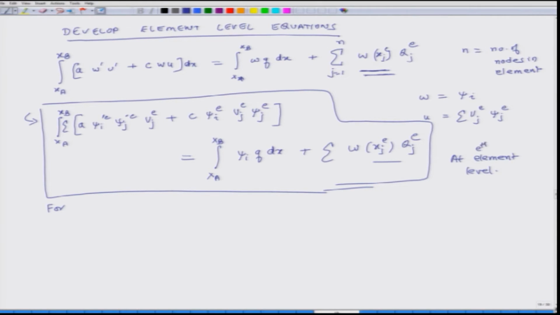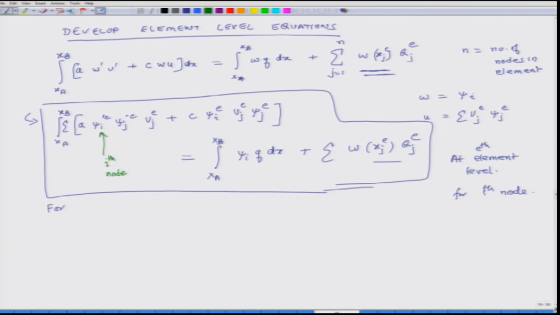At the eth element level. And this is the equation for which node? The ith node, and it is the eth element because the superscript is everywhere e. So, this is the equation for the ith node belonging to the eth element.